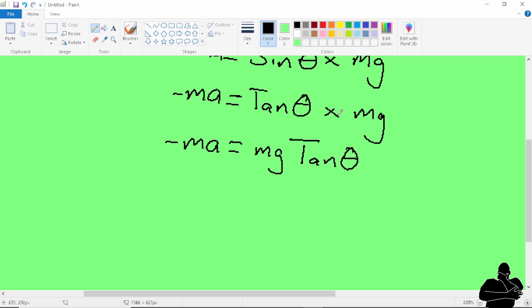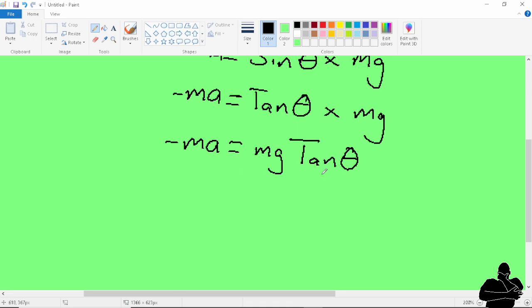I'm writing it like this because I don't want to put the multiplication sign, since there's going to be a term called x later, and I don't want the multiplication sign to be confused with x. So let us drop the multiplication sign and just write mg tan theta, right?